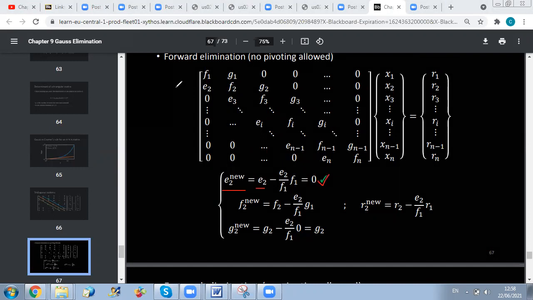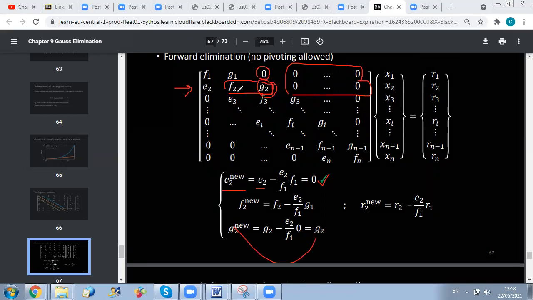Now, when I perform the forward elimination, I should update these coefficients. The others already remain zeros. Why? Because they have zeros above them, so there is no problem. And even G2 will not change, because there is a zero above it in the pivot equation, the element corresponding to G2 is 0. And G2 will not change. Okay?